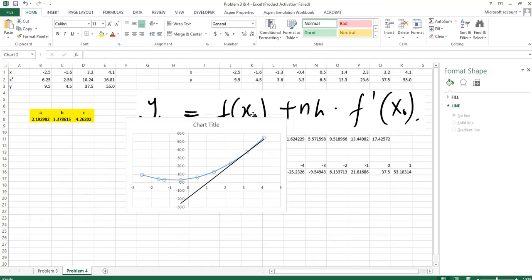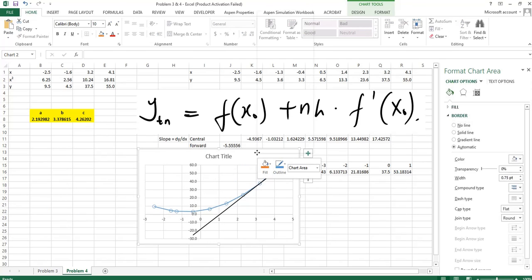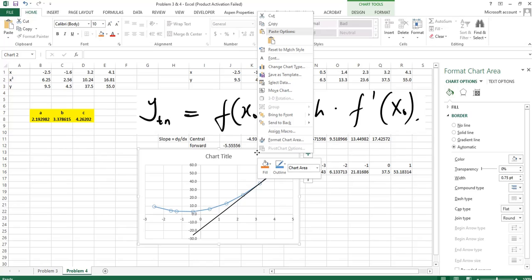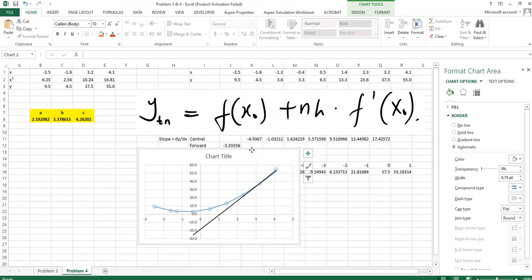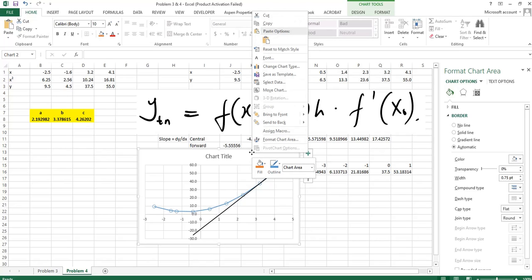So let me select this and move. I want to move the chart area.